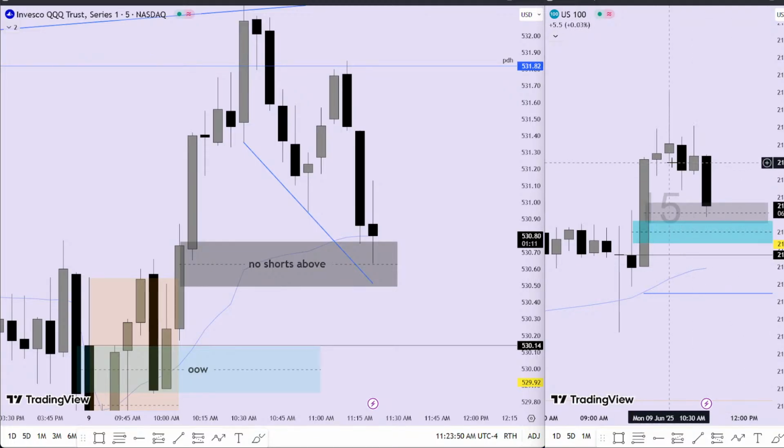We closed below this low on the 15 minutes. If within the next 6 minutes we stay below this low, then the probability would come back to 50-50 again.